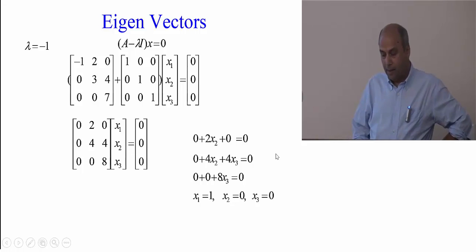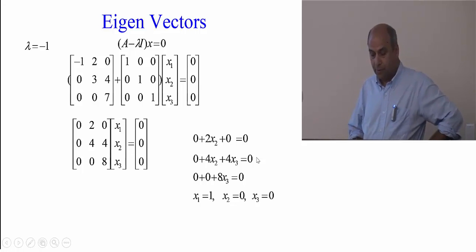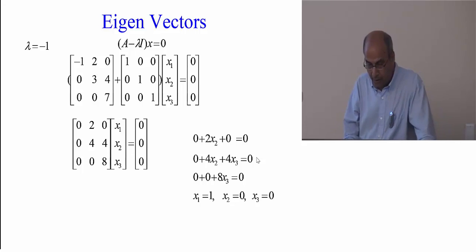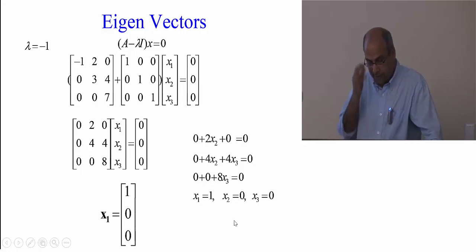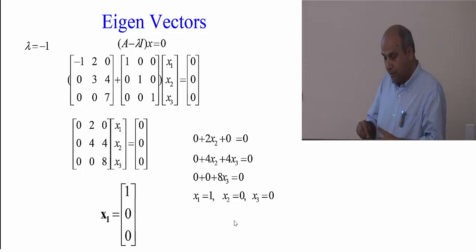From there we have to satisfy that x2 has to be 0, x3 can be 0, but x2 plus x3 has to be 0. So we can select x1 arbitrarily because there is no x1 here. Let's select it as 1, and x2, x3 from here are 0. So this is the eigenvector corresponding to the eigenvalue minus 1.